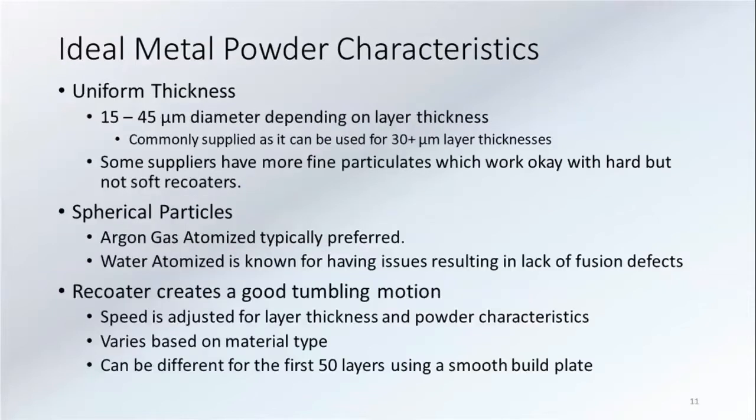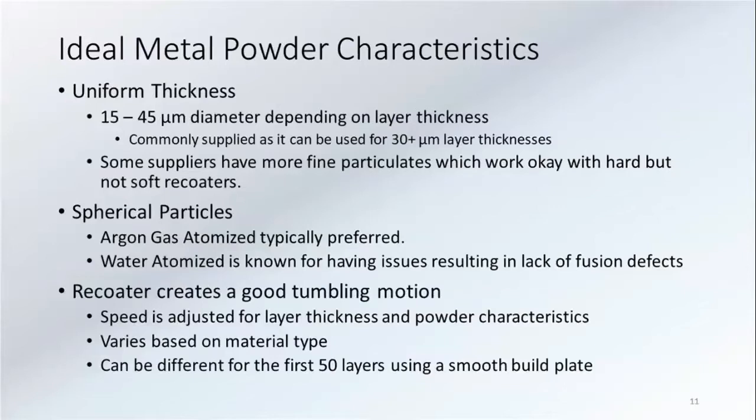The ideal metal powder is going to have a uniform thickness. It's going to be somewhere between 15 and 45 microns in diameter. We usually have 30 as your average. Most layers, as I said, are 30 microns to 60 microns, and so this allows them to be spread.